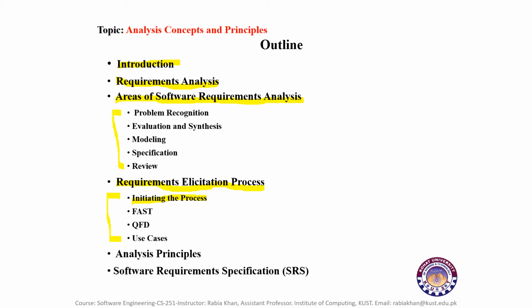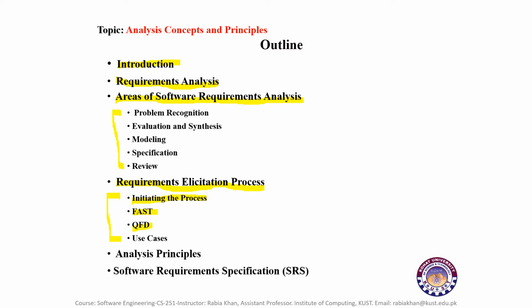Then the FAST technique was used, which is generally a team-oriented method to collect the requirements. Quality function deployment, in which the requirements of the customer are categorized and more focus is given to those requirements which are more valuable to the customer.